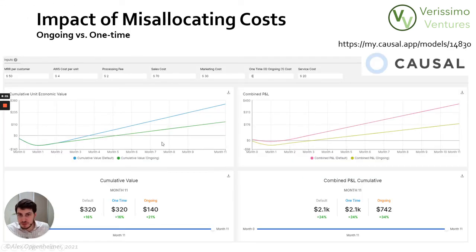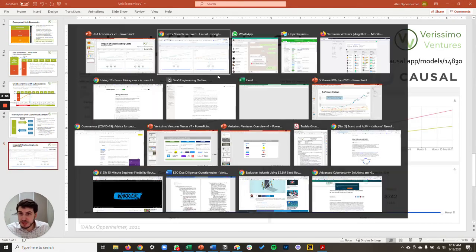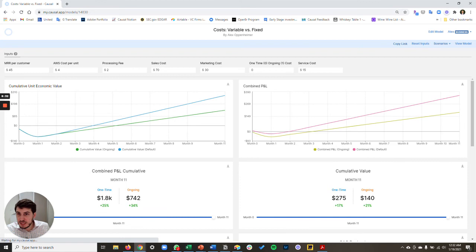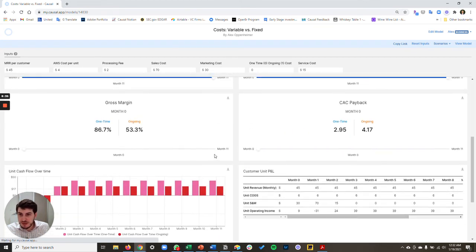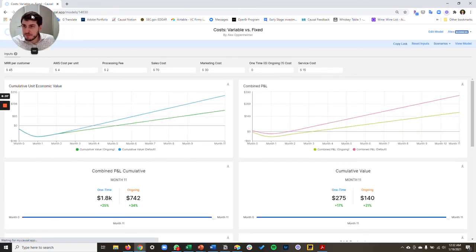Let's quickly switch to another screen and talk about the impact of misallocating an expense as one-time relative to ongoing. If we switch to here, I built this model in Causal that just quickly shows the impact of making this actually fairly common mistake. And one of the reasons that this is a common mistake is that, again, we're talking about economics here. We're talking about how businesses run.